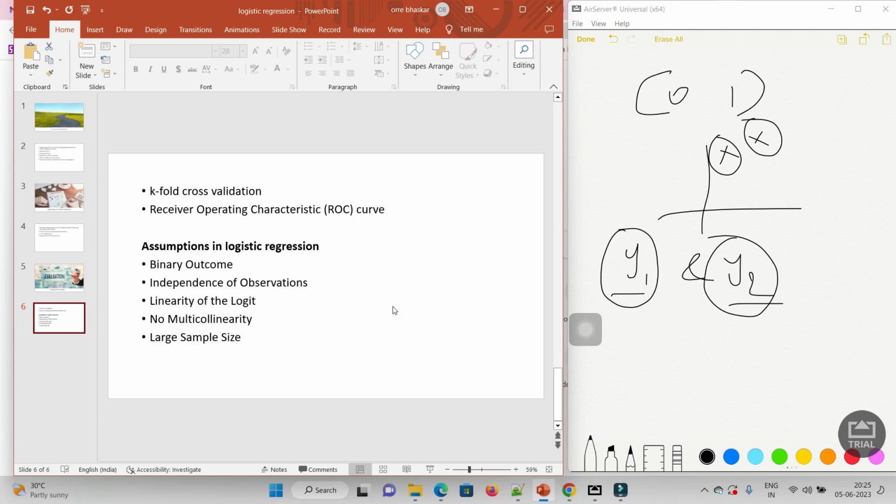Linearity of the logit. Logistic regression assumes that the relationship between the predictor variables and the log of odds, that's the logit of the outcome, is linear.